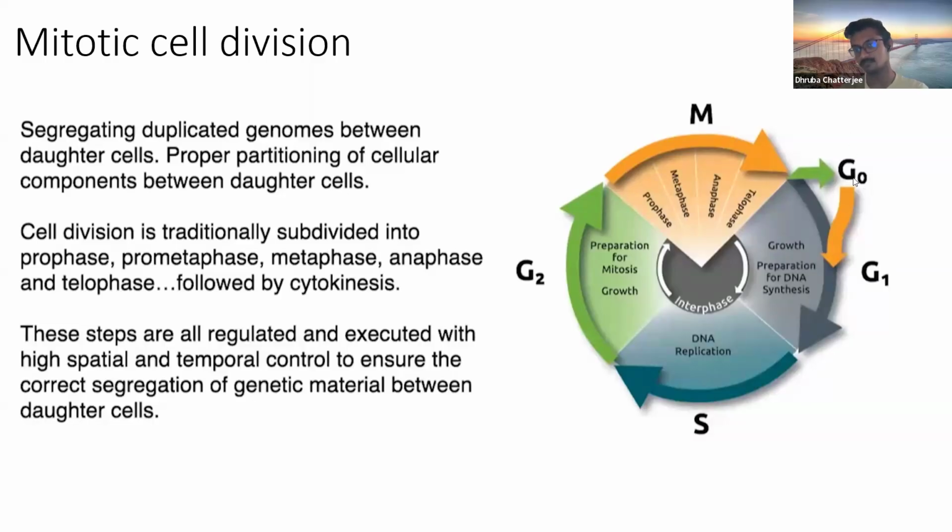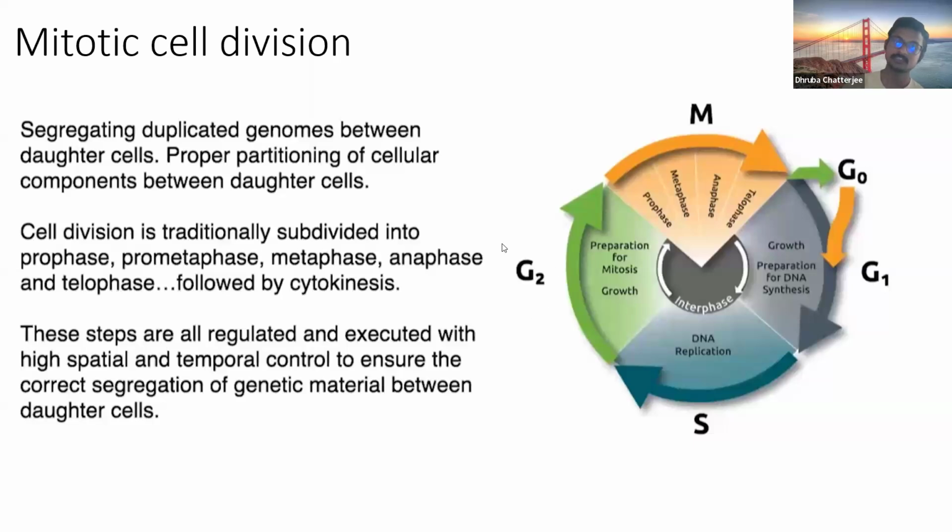Whereas the actively dividing cells proceed from the G0 phase to this G1 phase, where the cell replenishes itself for a round of enormous biochemical activities that will be involved in duplicating, kind of doubling, many of the cellular components, especially the genetic material, that is DNA, as well as many of the cytoskeletal segregation machineries like the centrosomes, etc. And then there is the S phase, where the replication of the DNA happens.